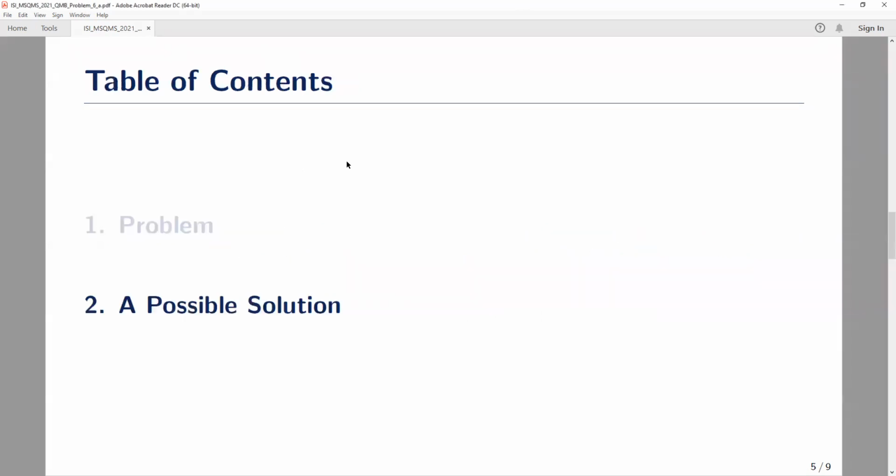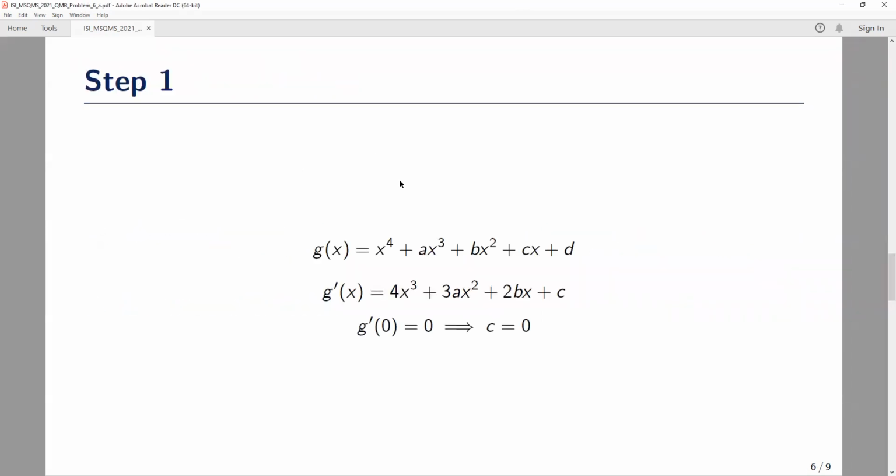Let's try out what is meant by g dash 0 equals 0, that is, x equals 0 is a solution of g dash x equals 0. Let's try to compute g dash of x.